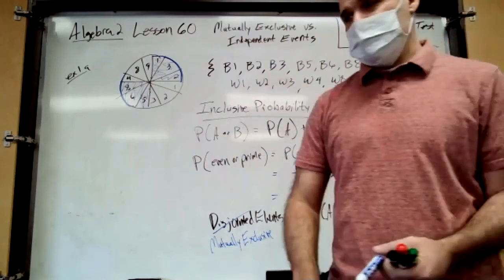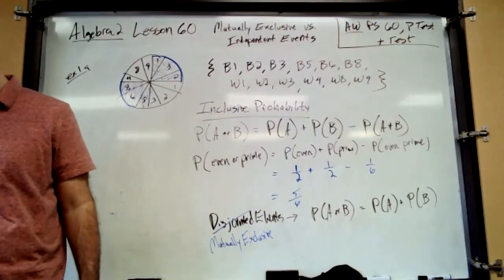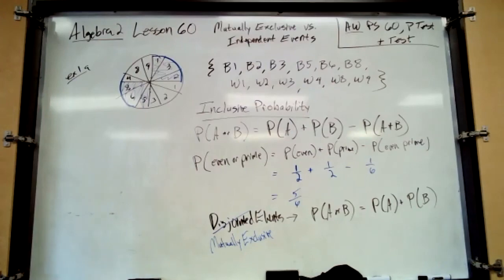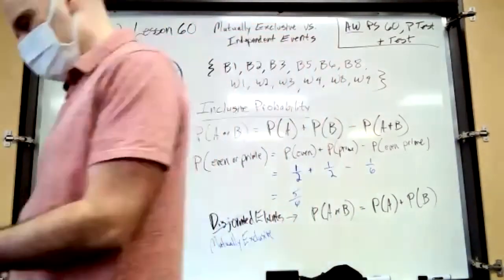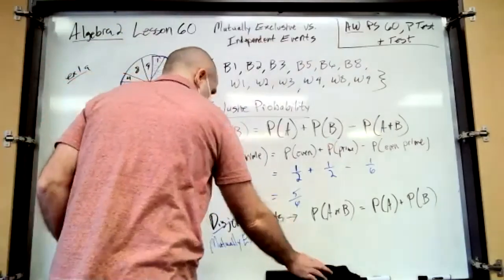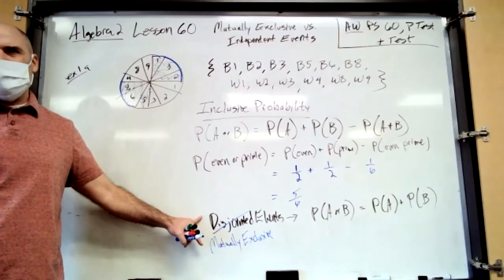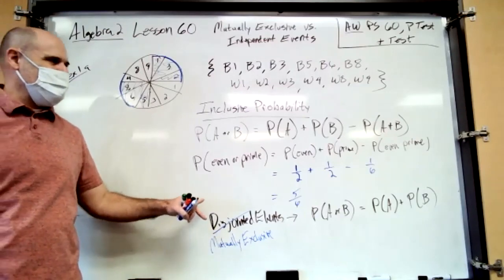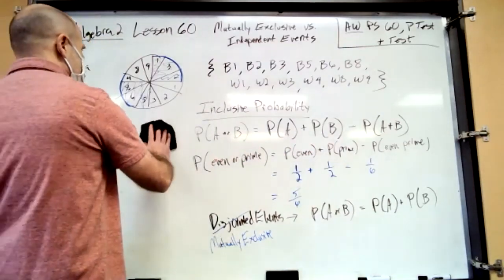Inclusive means they share some solutions or possibilities, but mutually exclusive means they have no outcomes in common. Does this make a little more sense? Yeah. So basically with probability, you have to consider probabilities that share the same outcomes.